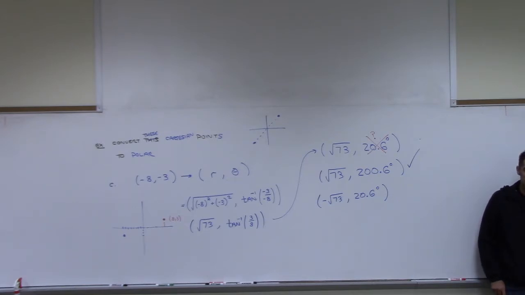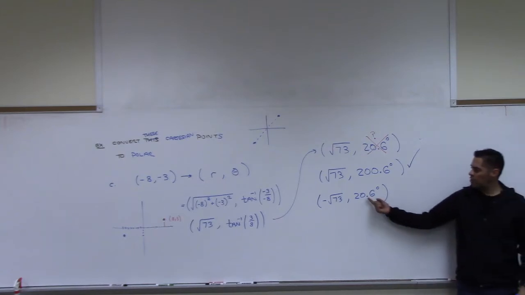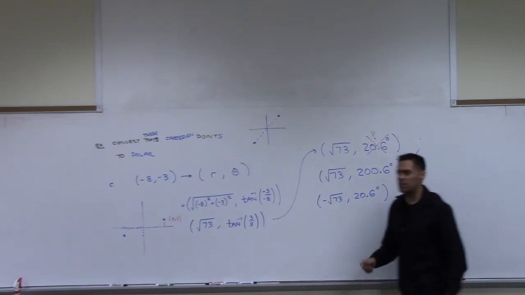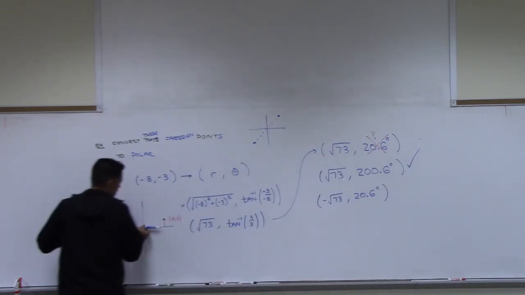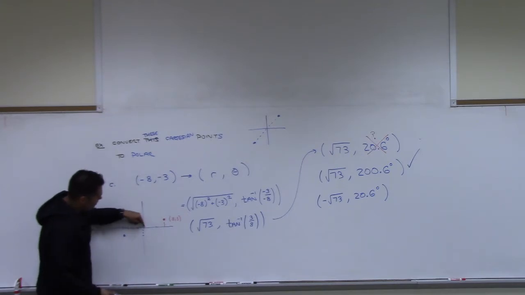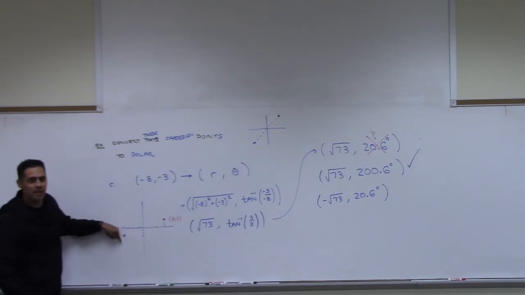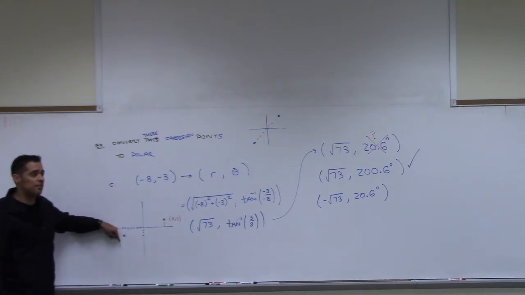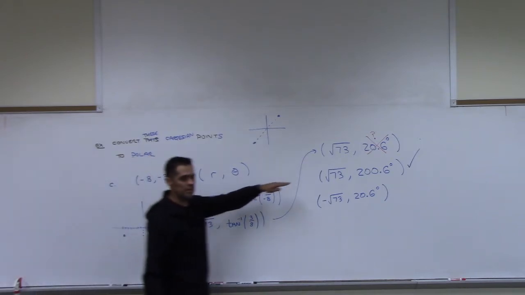Because you're facing that direction and walking back. Yeah, what direction would we be facing? 20.6, right? So we would be rotating 20.6, but instead of walking forward root 73, we'd walk backwards root 73 and we'd land at the same place. What I'm getting at is there's multiple representations for the same point in polar coordinates. These two are equivalent.